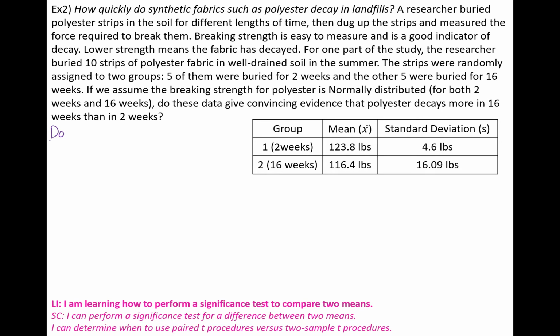Okay, going to our do step on the calculator. Since we are given the mean and standard deviation, that we should know is statistics. So I'm going to pop over to the calculator here.